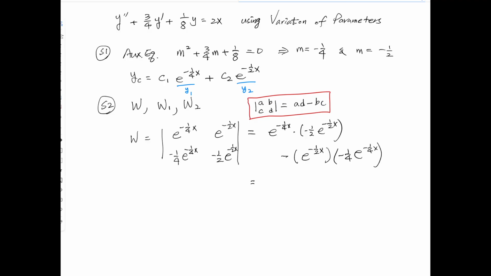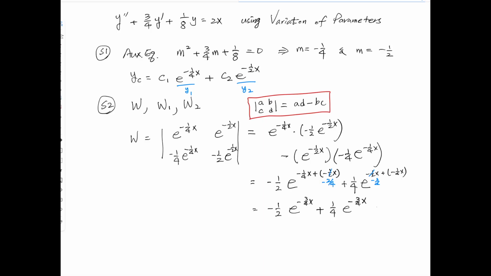Now that is negative 1 over 2, and then we can combine the powers because we have the same base. Then we need to add minus and minus, so it is a plus 1 over 4 again. When we add, that is negative 1 over 2 e to the power of, we can rewrite these as 2 over 4, negative 3 over 4 x, plus 1 over 4 e to the negative 3 over 4 x.